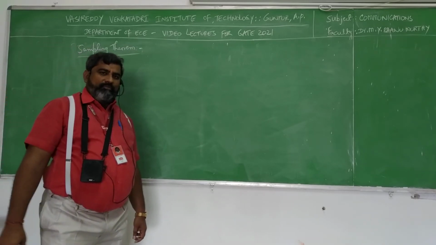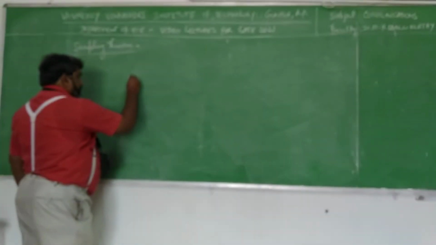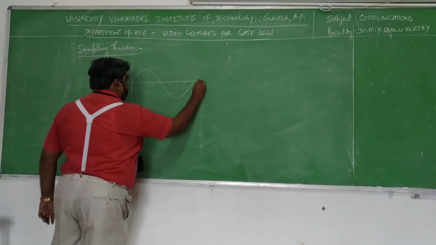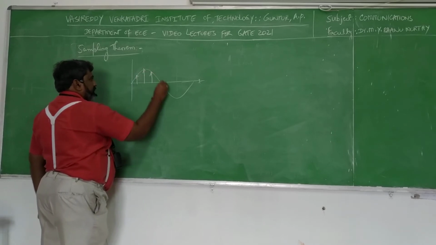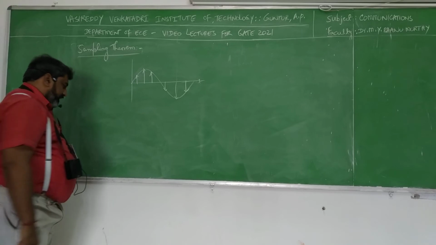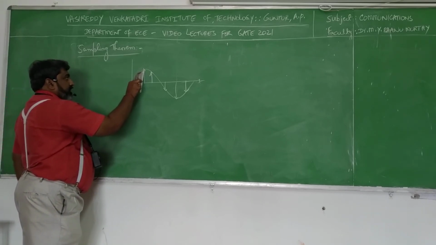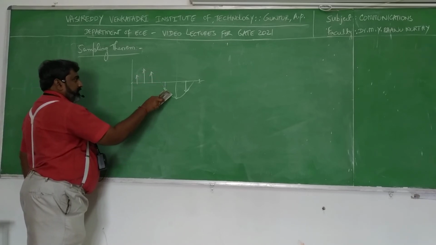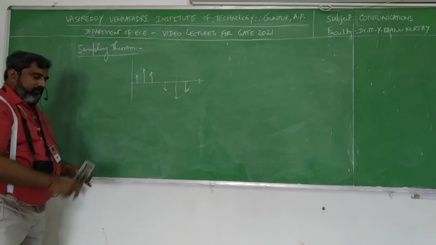For example, for this signal, in one cycle I have taken 3 positive samples and 3 negative samples. Now we transmit these sample amplitudes towards the receiver. You can see the time is now discrete.